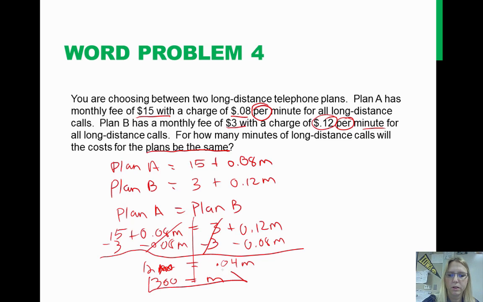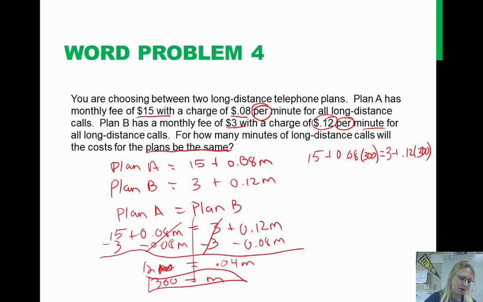So basically what we are saying is that at 300 minutes, both plans cost the same. Does this seem logical? It sounds logical. So if we charged at 300 minutes, both plans are the same, and we can go back and check our work. Let's plug in 300 for both sides. We have 15 plus 0.08 times 300, and we want to see if that equals 3 plus 0.12 times 300.